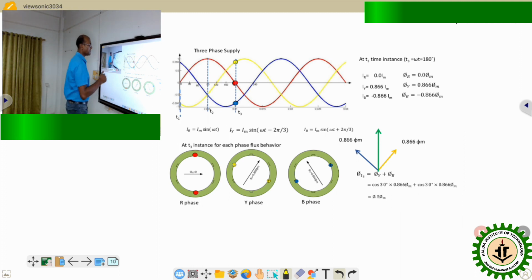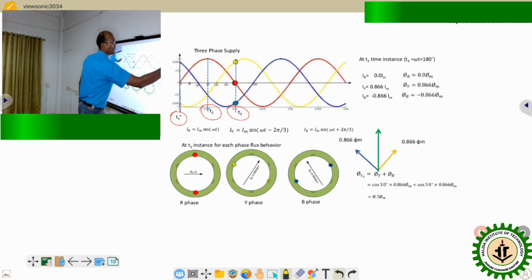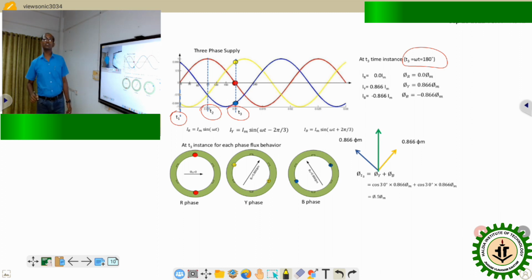The first step is T1, the second step is T2, and the third step we take 180 degree later, where we take omega t equals 180 degree.